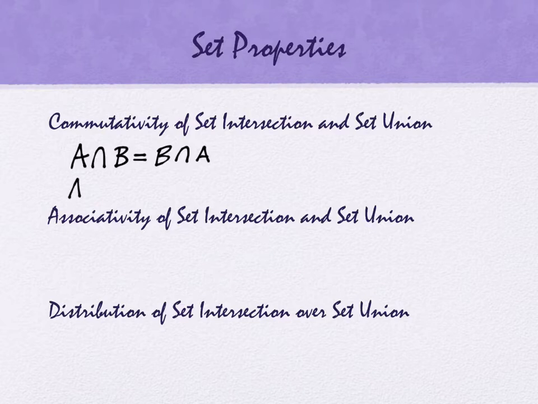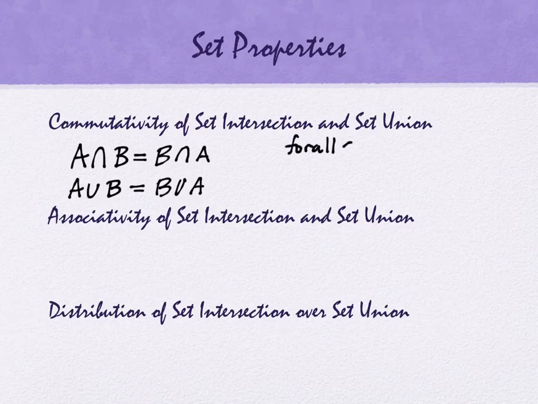And union is the same thing. If you think about how we shaded our diagrams, that makes sense. It doesn't matter if I shade one circle before the other circle, it all ends up getting shaded. Okay? Associativity also holds for our sets, for all sets A and B. So the associativity property says the following.